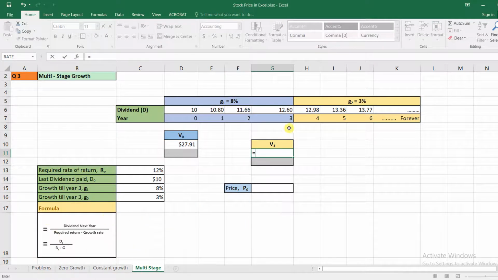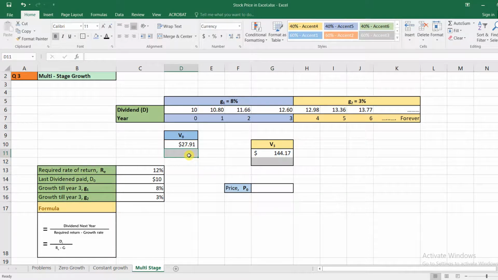When we are at year 3, our next year's dividend is our fourth year's dividend, so this cell. So select this cell and divide it by the difference between the required return and the growth. Now select the second growth, so 3%, and close the brackets and press enter.